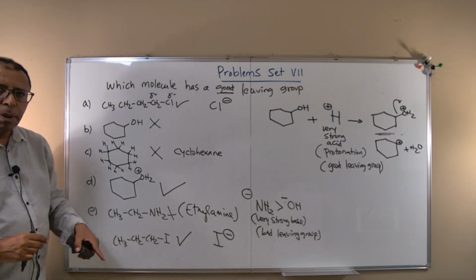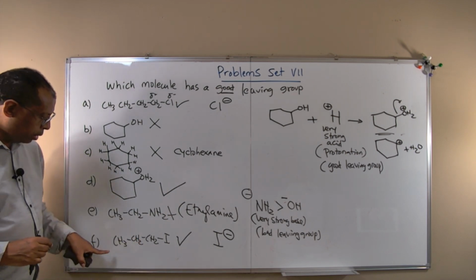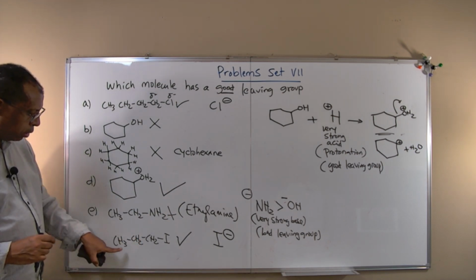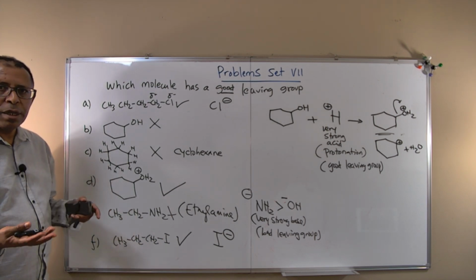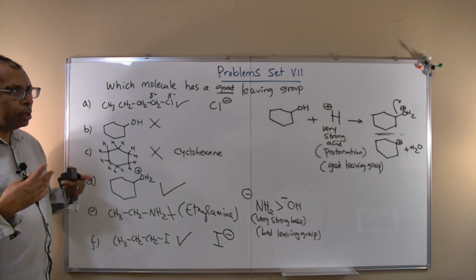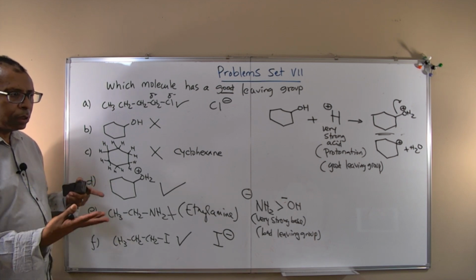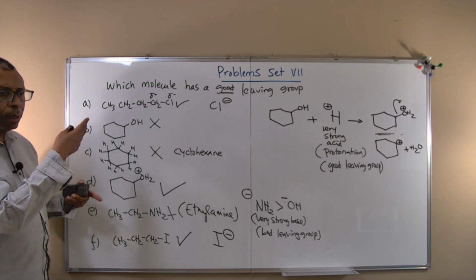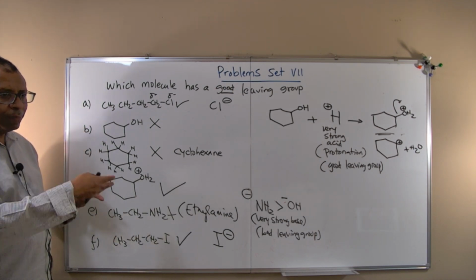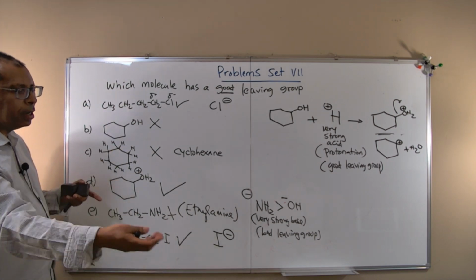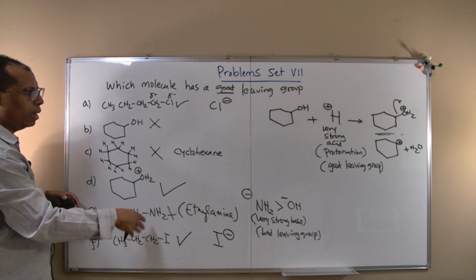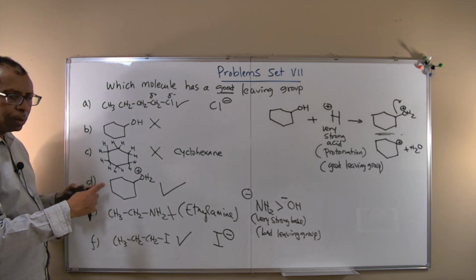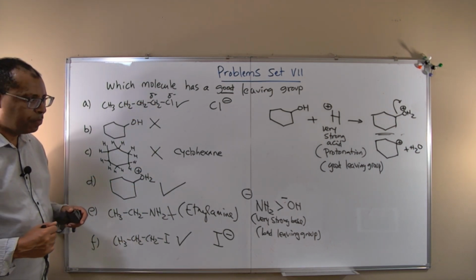So the iodide in this alkyl halide, called propyl iodide. Almost all alkyl halides might have different degrees of leaving ability, like fluorine versus chlorine versus bromine versus iodine. But in general, if you have an alkyl halide, it most likely can undergo a substitution reaction.